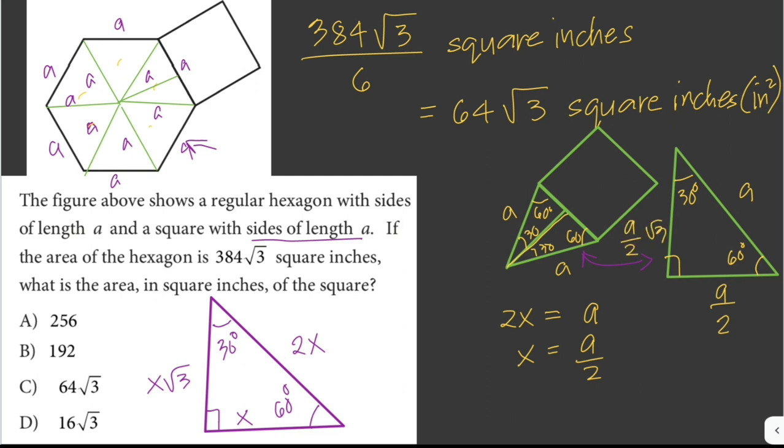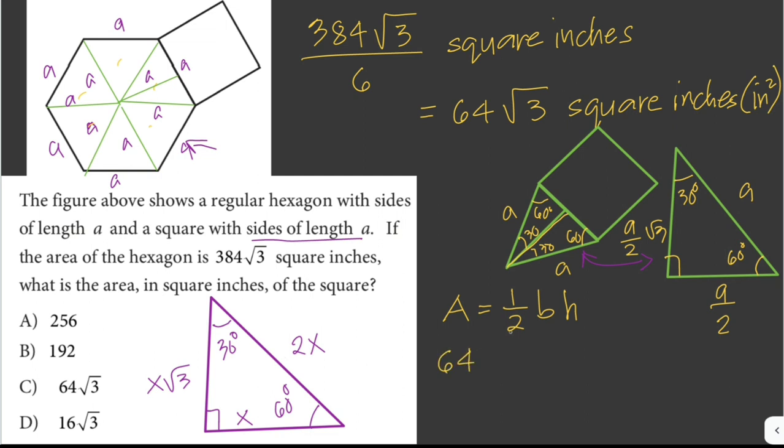Since the area of each of the equilateral triangles is equal to 64 square root of 3, we can equate 64 square root of 3 to the formula in finding the area of a triangle. So to find the area of the triangle, that is just equal to 1/2 base times height. So we just plug in all the given values.